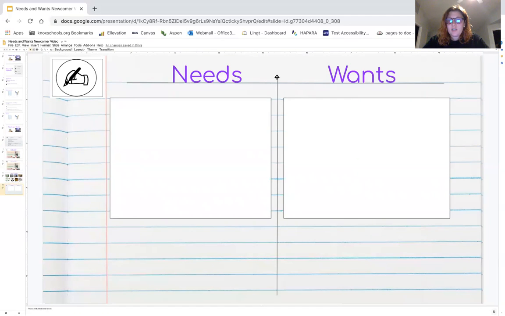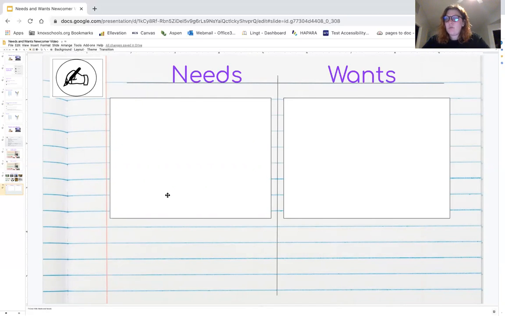Then a line across the top that forms a T. In one part, we will write needs, and in one part, we will write wants. So a line down the middle, a line across the top, needs in one part, wants on the other part.